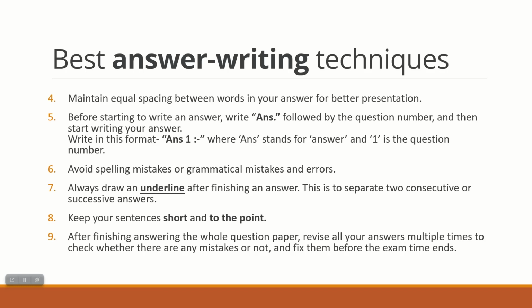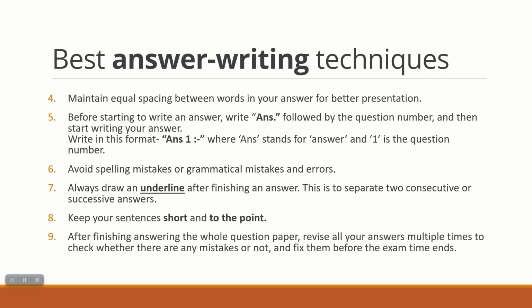Now, coming to point number 5, this is also very important, but you may already know this. Some people do not follow this, but this should be followed. When you are writing an answer to a question, always write ANS. This is an abbreviation of the word answer. After you write ANS, put a dot, or you may not put a dot, that doesn't matter.